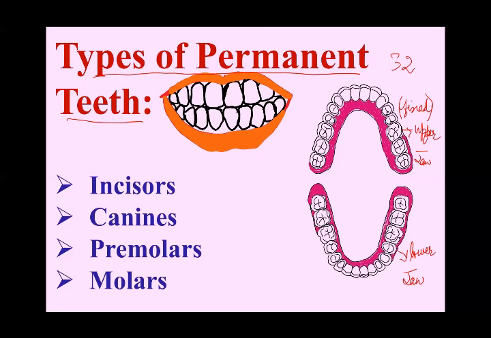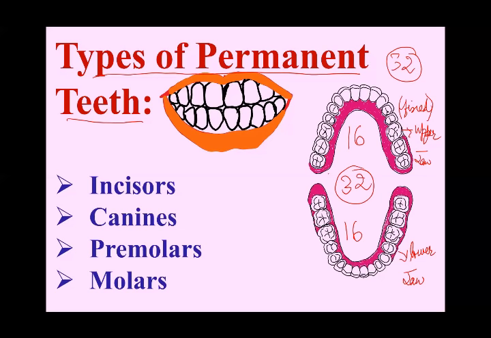As we know, there is a total of 32 permanent teeth in a human being. So 16 are present in the upper jaw, and 16 teeth are present in the lower jaw. So in total it makes 32 teeth.